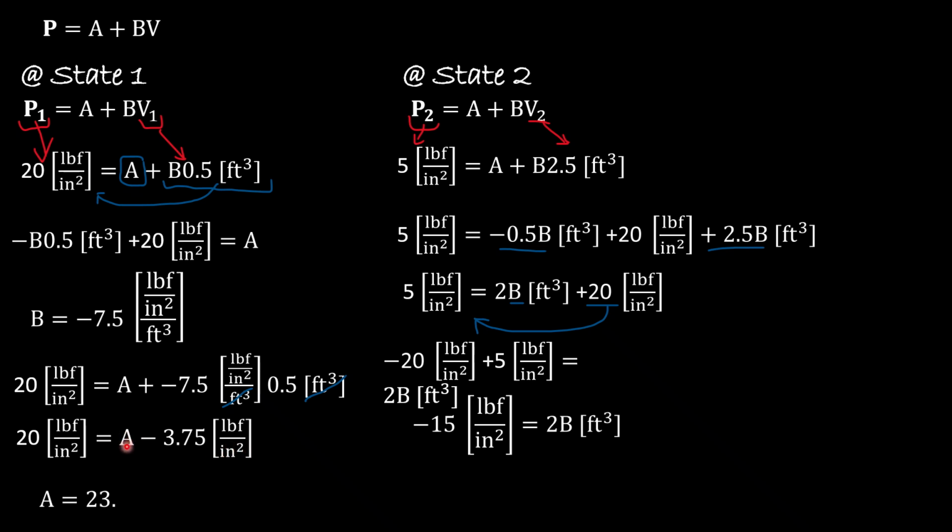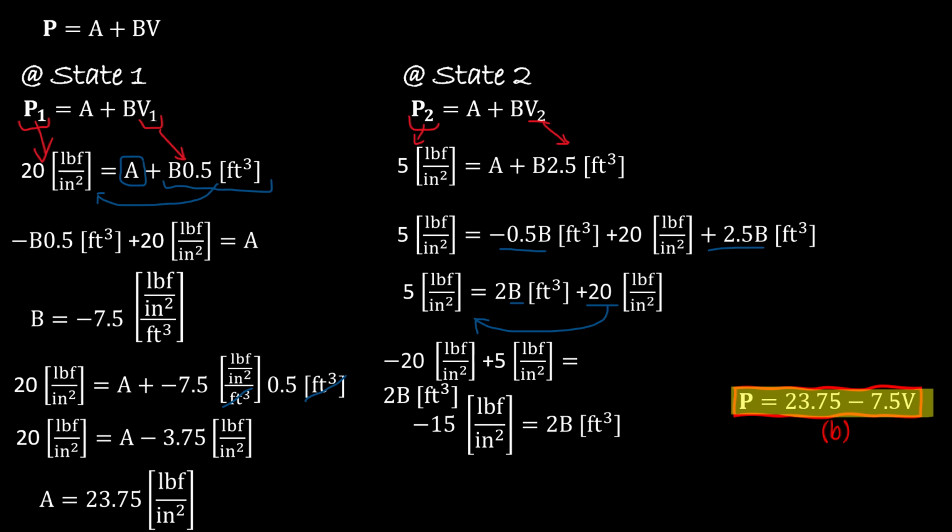Now we can easily solve for A. So A will be 23.75 pound force per inch squared. So here we were able to evaluate A and B. And this is the answer for B.